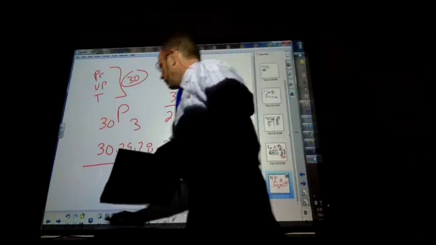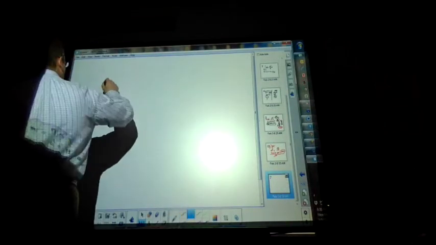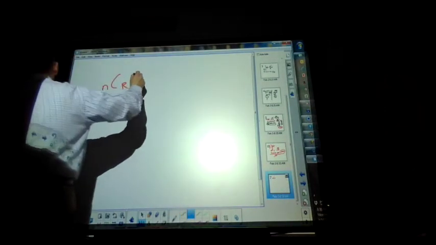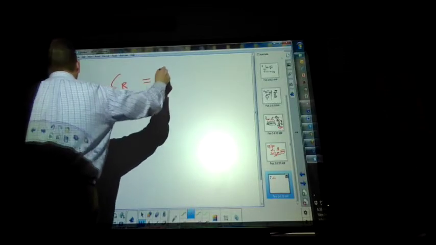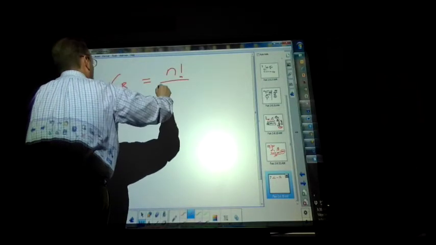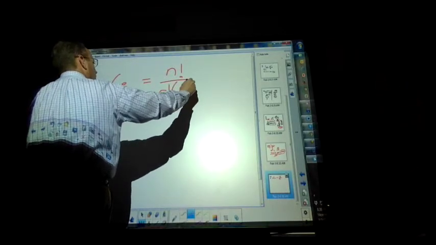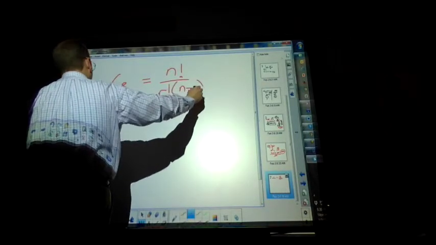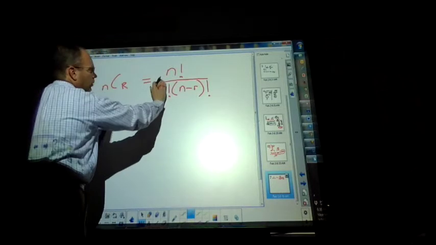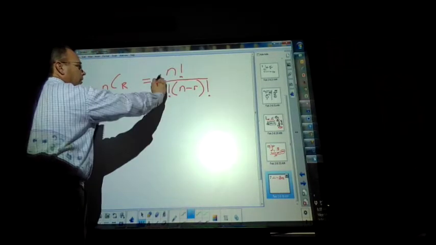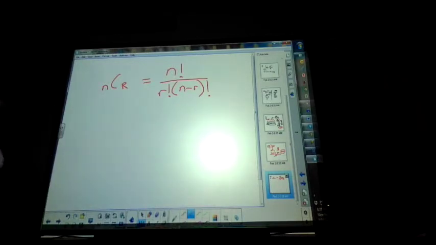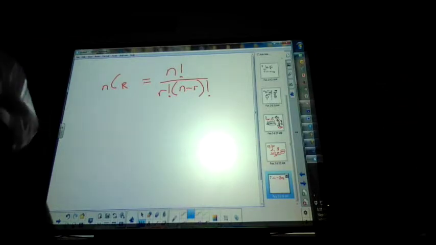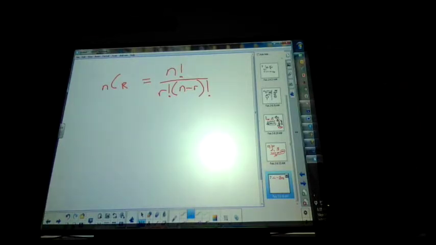So combination looks like nCr, which is the same thing as n factorial over r factorial times (n minus r) factorial, and the permutation is right here, the combination right there. So how many ways can you choose? The word choose, versus arrange, which goes with permutation. Choose goes with combination. So the C goes with the C.